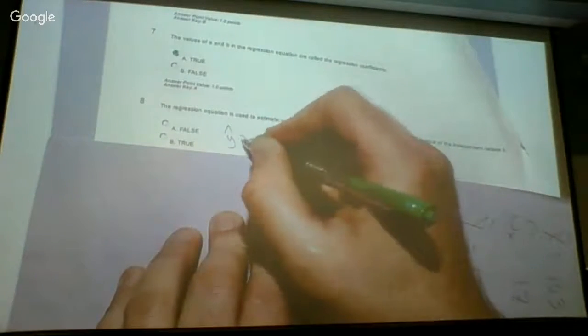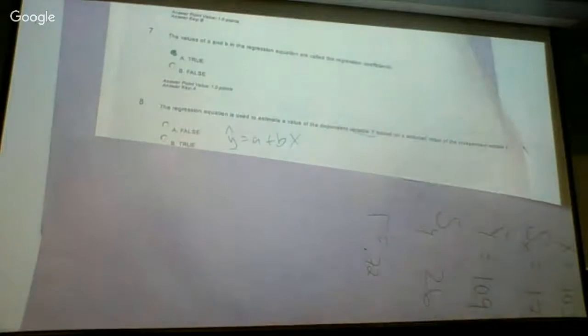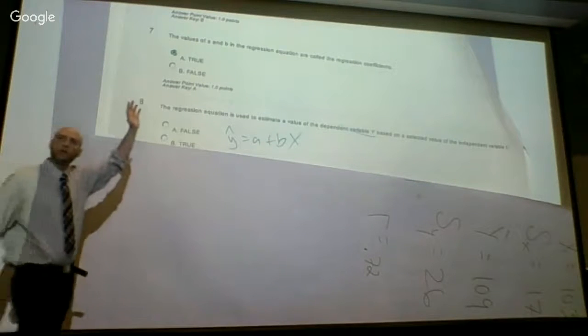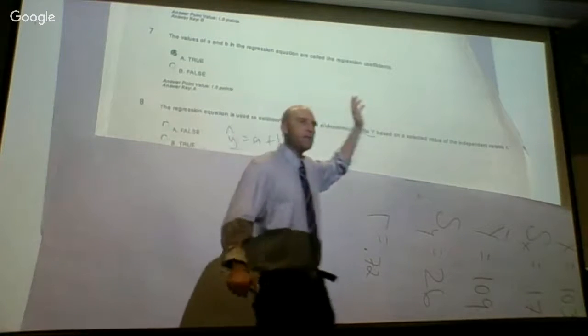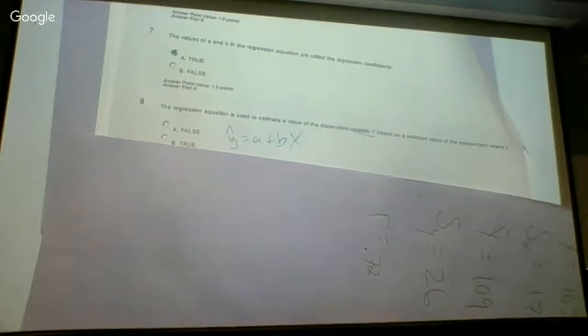8. The regression equation, which is y hat equals a plus bx, is used to estimate the value of the dependent variable y, based on a selected value of the independent variable x. Says true. Says false. All right, only a third of you are voting. Y hat is a predicted value of y.